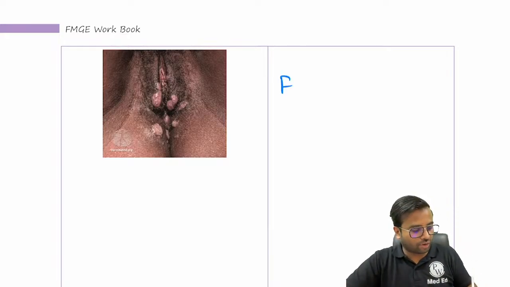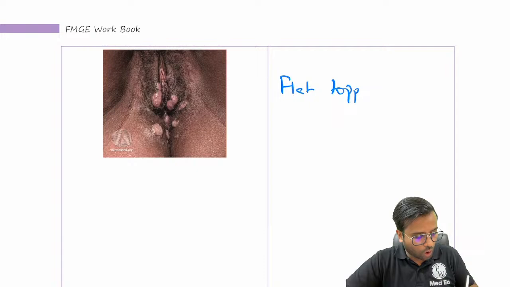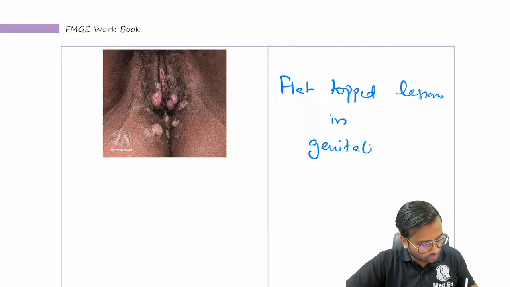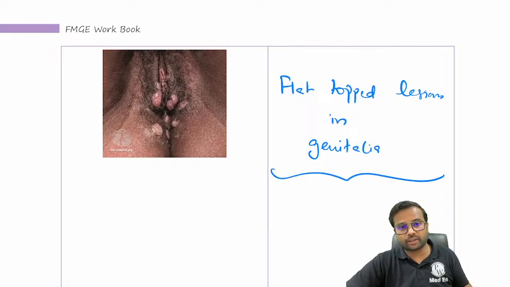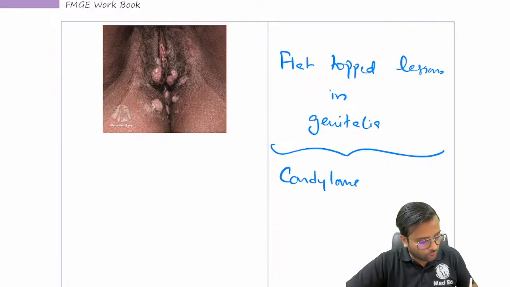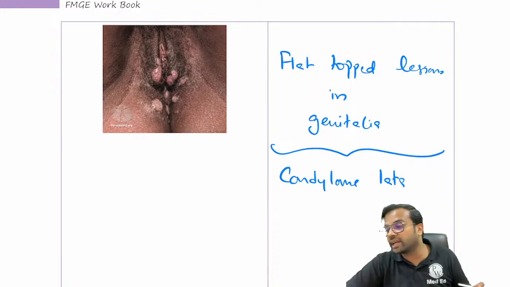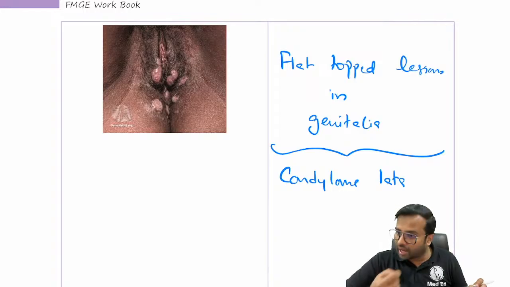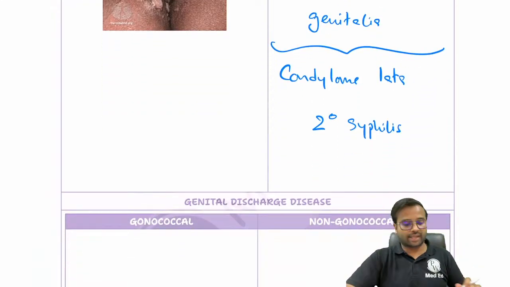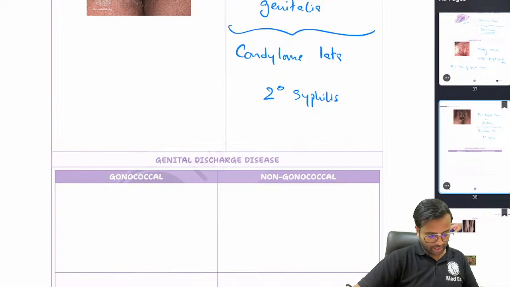When you see flat topped lesions in the genitalia, this is called as condyloma lata. Earlier we learned about condyloma acuminata; this is condyloma lata. This can be seen in secondary syphilis.